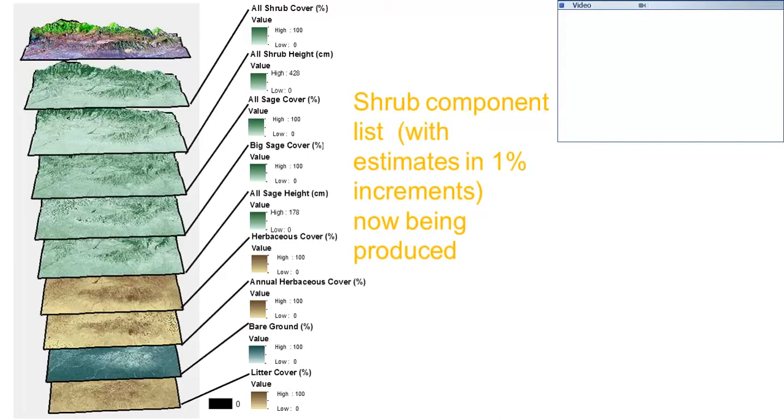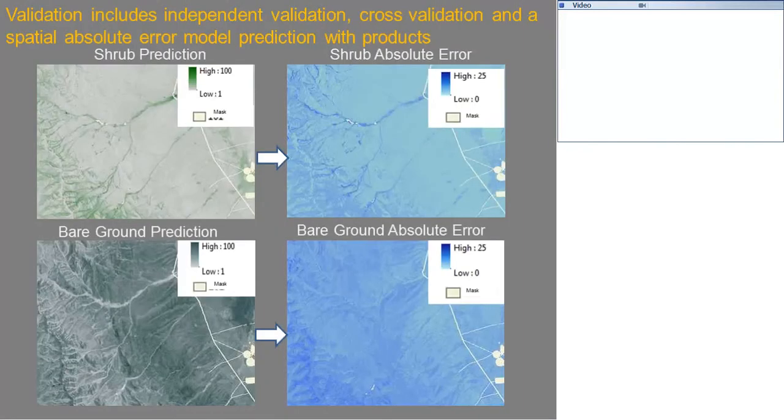This is not LiDAR, it's optical, so they're not the best estimates, but they are estimates. We make an estimate of herbaceousness, forb and grass, and annual herbaceousness. Since we do spring, summer, and fall, we catch different green-ups, and we can make an annual herbaceous estimate. We can even do cheatgrass, but think of that as usually, in most geographies, an annual invasive. We also estimate bare ground and litter cover.